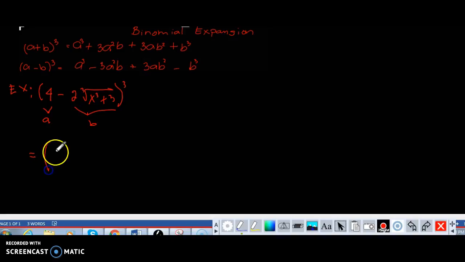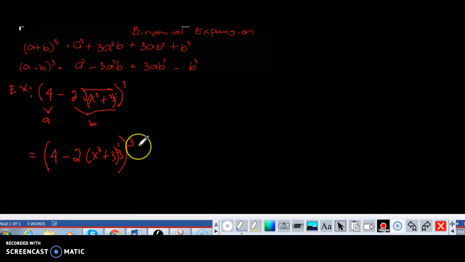So we have 4 minus 2, you don't touch that because that's a multiplier. Your base is this inside, and of course the power there is 1. You just copy that, x cubed plus 3 to the power of 1 over 3. This is the second term. Now all of these to the power of 3.